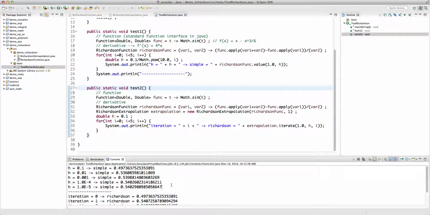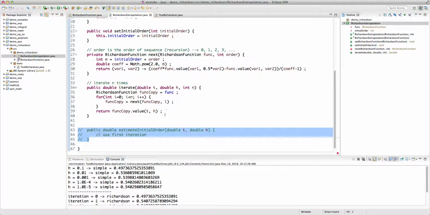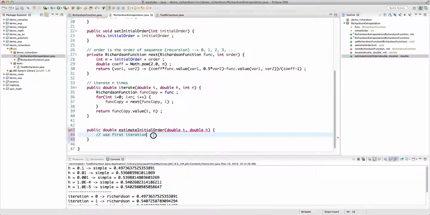All right, let's go back to the Richardson and try to implement this function. So we're going to use the first iteration, basically h over 2 and h over 3. So what we're going to do here, we're going to get a Richardson function, we're going to get func1.